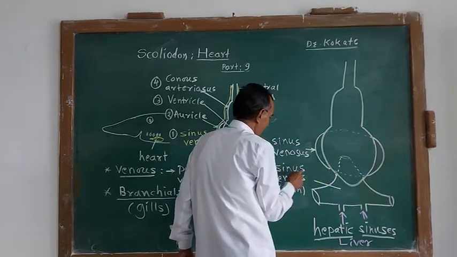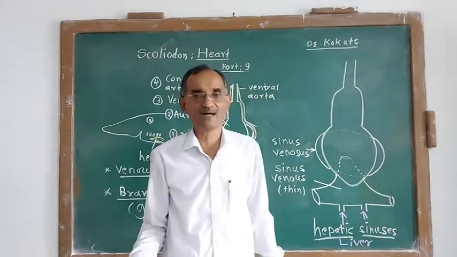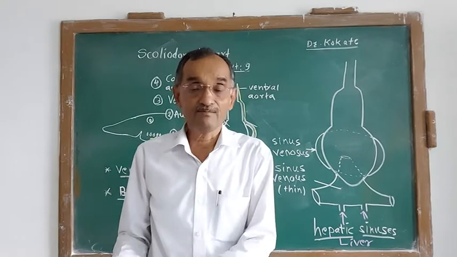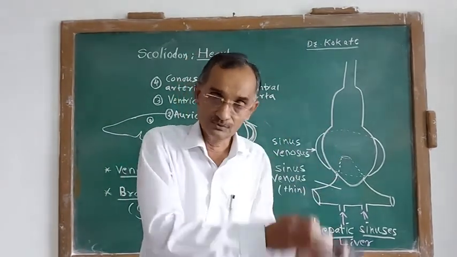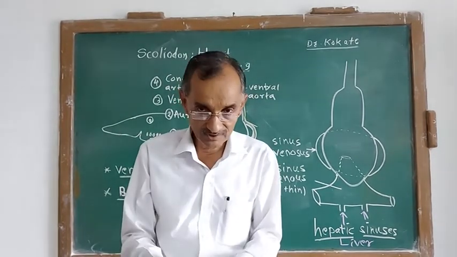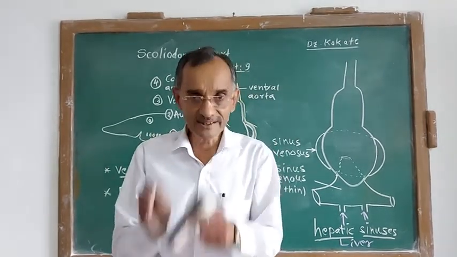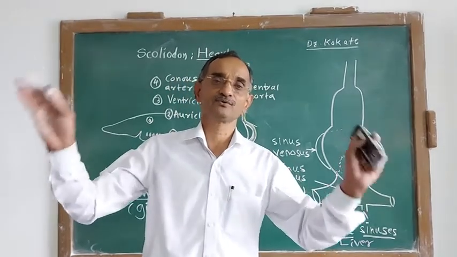So it is known as the sino-auricular opening. It is very easy. Which chamber opens into which chamber? Sinus venosus opens into the auricle. Sino means sinus venosus. Auricular means auricle. So sinus venosus opens into the auricle, so it is called the sino-auricular opening.